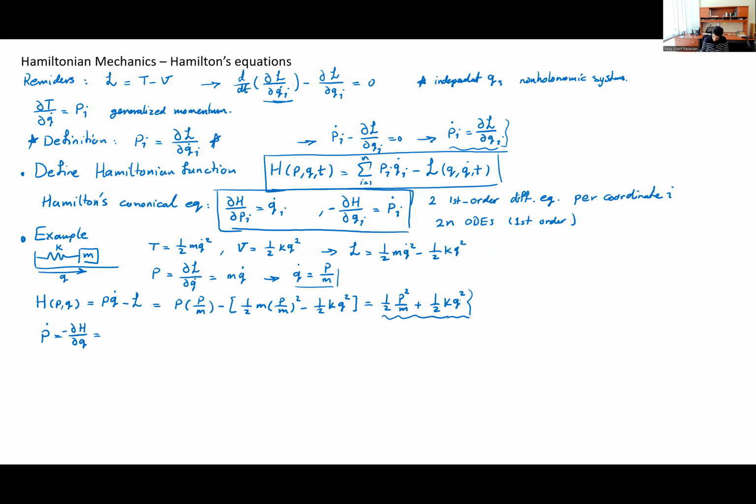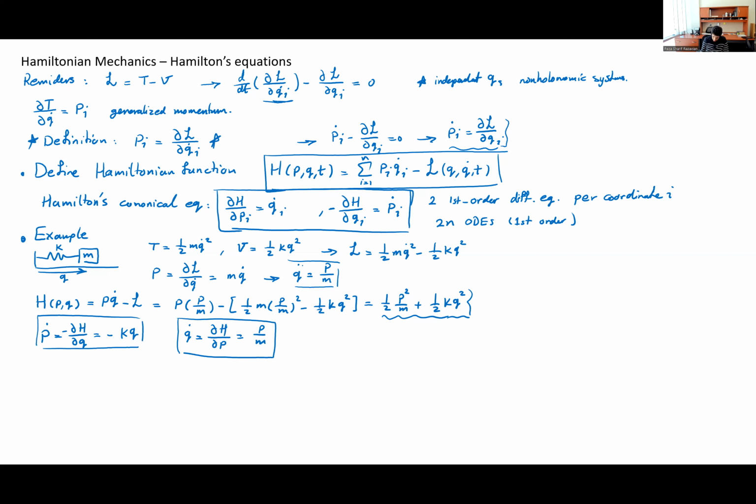The only thing that has q is that potential term, so minus k q. That's my first equation. Second one, q dot is partial H, partial p. The only one that has p is the first one, so it's p over m.